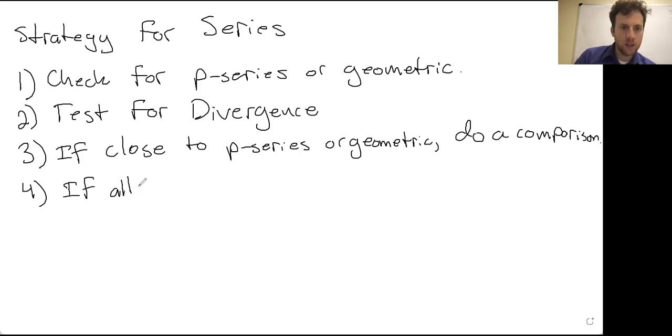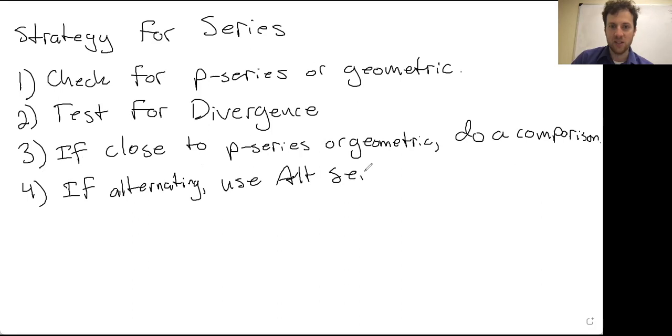Next up, if it's alternating, then a kind of obvious choice is to try the alternating series test.